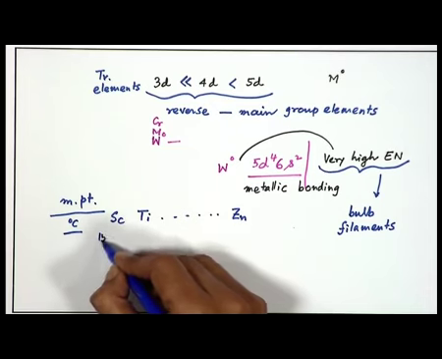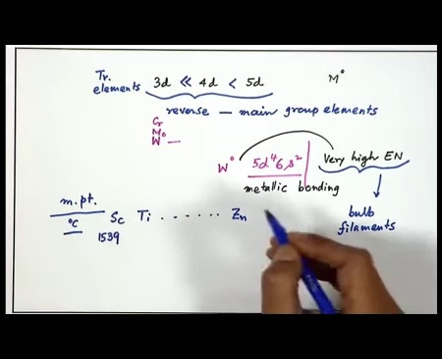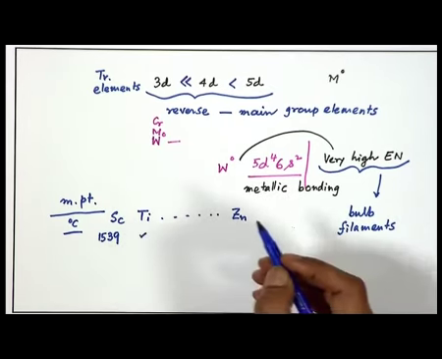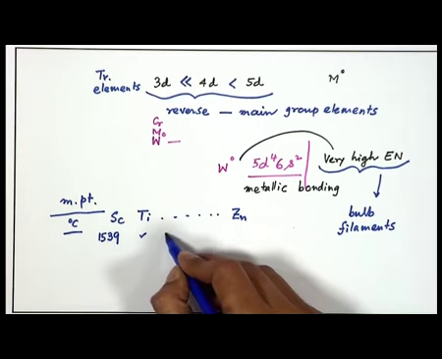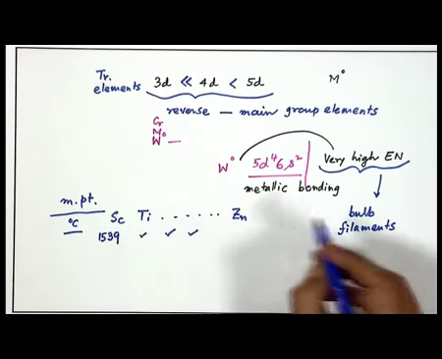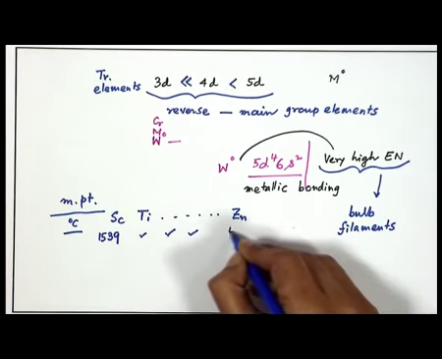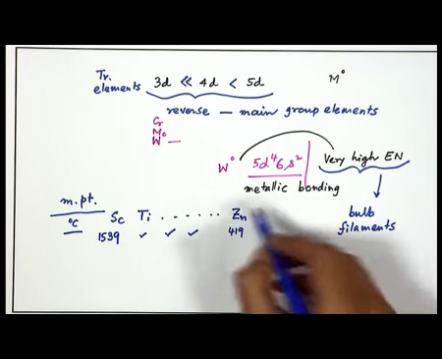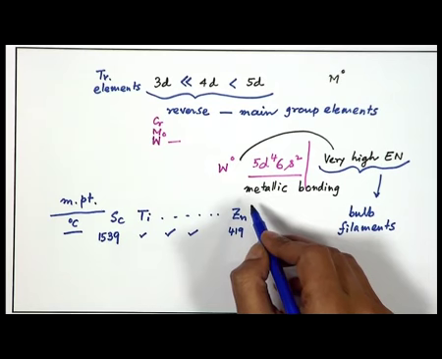So, one value is 1539 degrees centigrade for scandium. It is increasing for titanium, it is increasing for vanadium as well as chromium, but in case of zinc it is less, since those electrons are in the filled shell and are not available for that kind of metallic bonding.